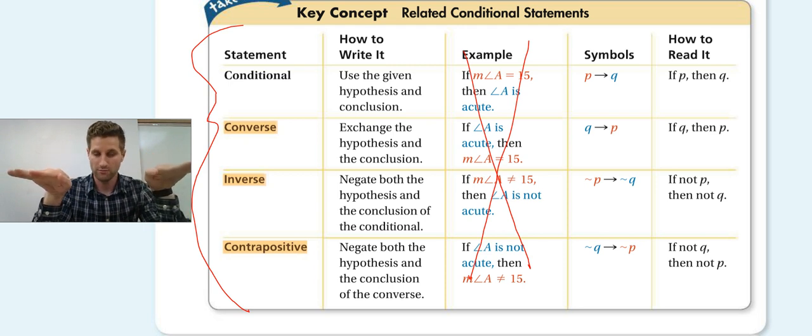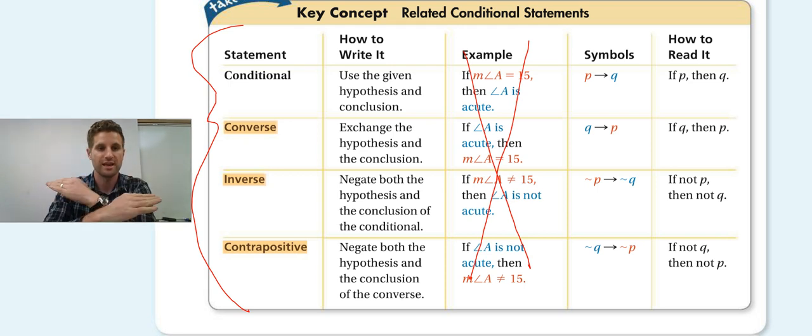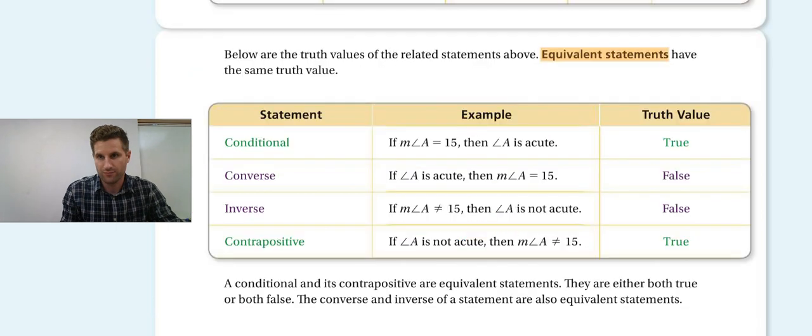They don't flip. So we negate the P, we negate the Q. And then the last one, the contrapositive, not only takes the P and Q and flips them, but it also negates them. Okay? We're going to play a little game in class with that. So look forward to it.